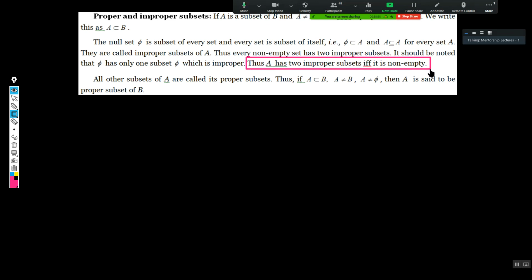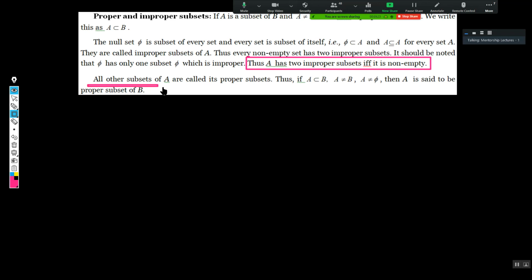Why should it be non-empty? Anyone? Then you have to think like this. What happens if it is empty? If it is the null set, it will have only one subset. It is the null set, and hence it has only one. But in the rest of the cases, you will have two improper subsets.